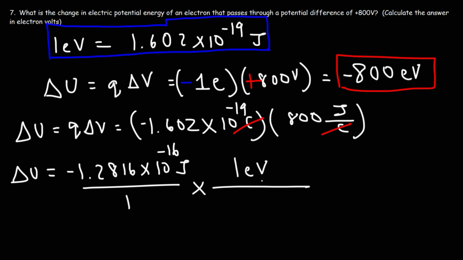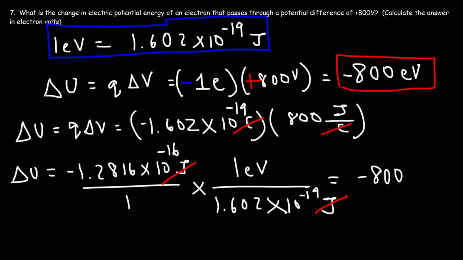So we have 1 electron volt on top, 1.602 times 10 to the negative 19 joules. So now we can cross out the unit joules. If we divide these two numbers, we basically did one full circle, and we're going to get negative 800 electron volts. The first method was a lot easier, but nevertheless, you still get the same answer.